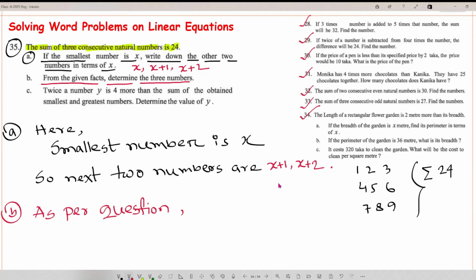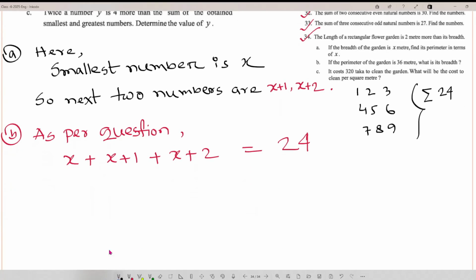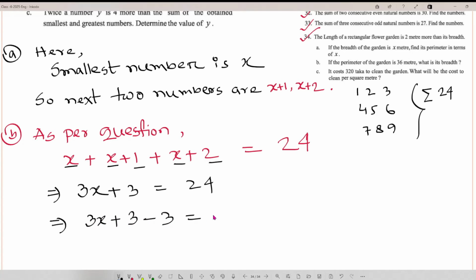So we have to sum up like x plus x plus 1 plus x plus 2 equals to what? 24. Now look, x three times is 3x and 1 plus 2 is 3 and here is 24. Now we can subtract 3 from both sides. So 3x plus 3 minus 3 equals to 24 minus 3.